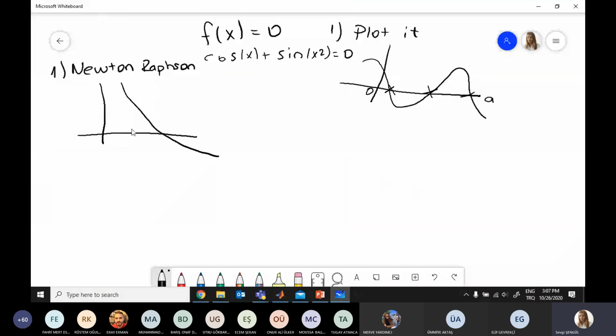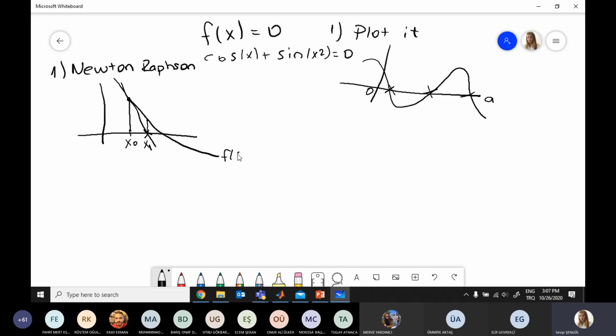As I told you, for the Newton-Raphson, we needed some starting point x0, and from that point we were defining a linear line, right? And wherever this linear line was crossing the x-axis, this was our next point. And from this x1, we were defining again a linear line that touches our f of x.